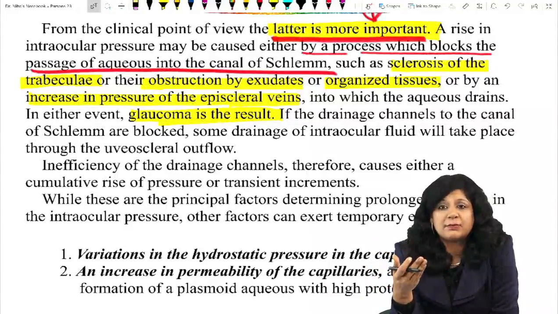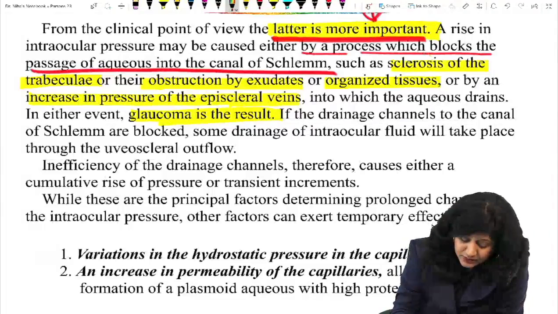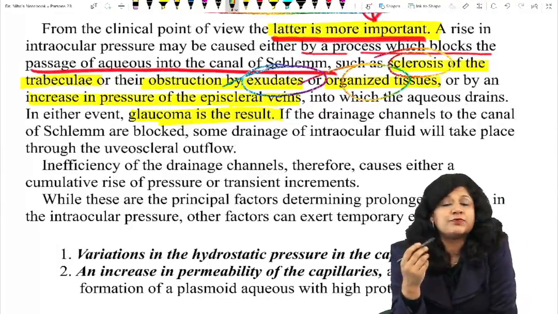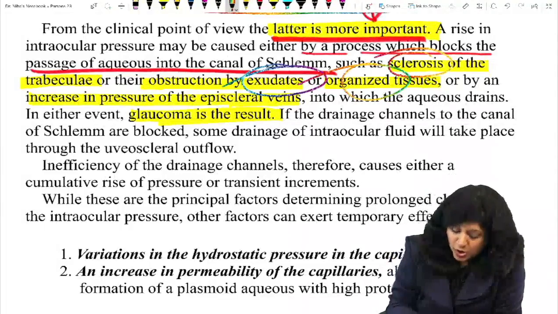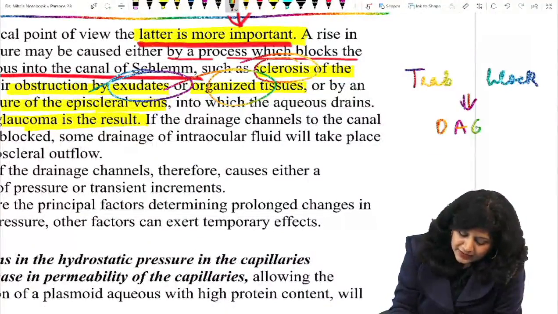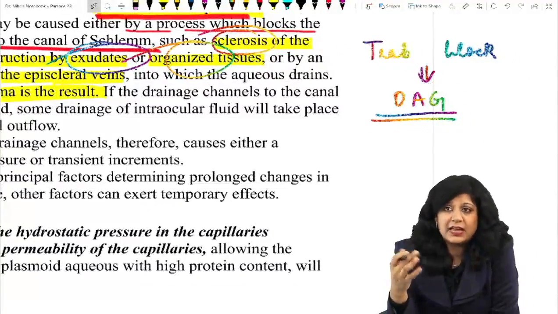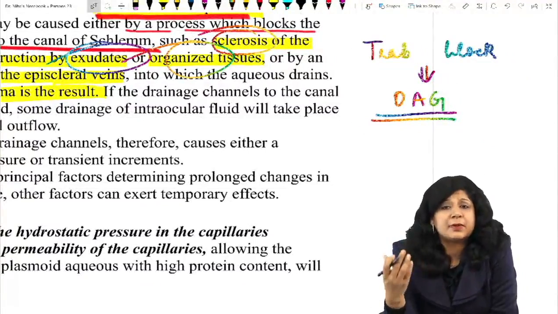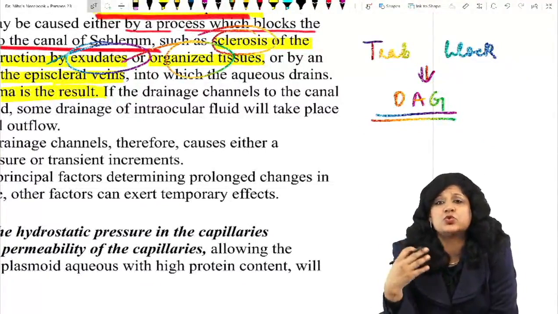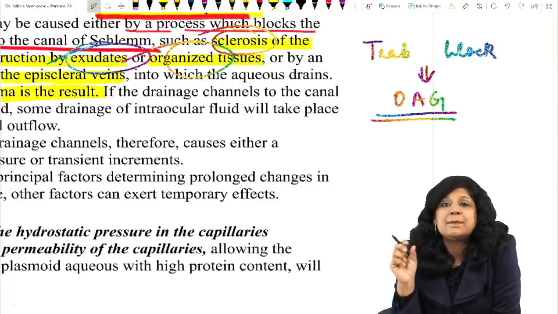Now this blockage in the trabecular meshwork can occur by so many things. I can have sclerosis, I can have obstruction by exudates, I can have organized tissues. So if you remember, I told you that whenever we have trabecular blockade, we always have open angle glaucoma, because anything blocking the trabecular meshwork, like exudates, that is inflammatory cells, pigmentary cells, or organized tissue, or sclerosis, leads to obstruction of 90% of the aqueous humor.